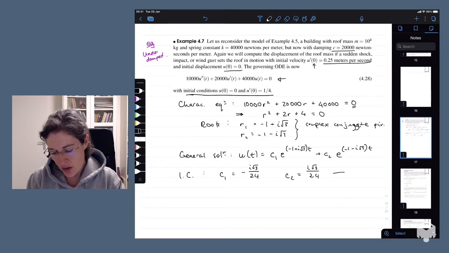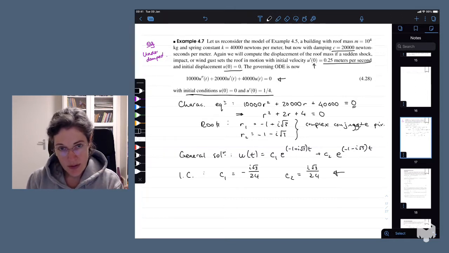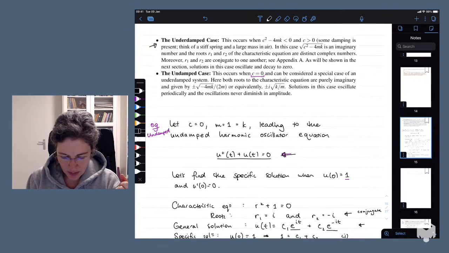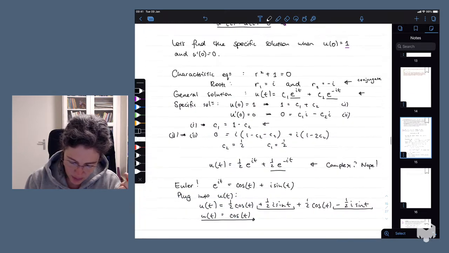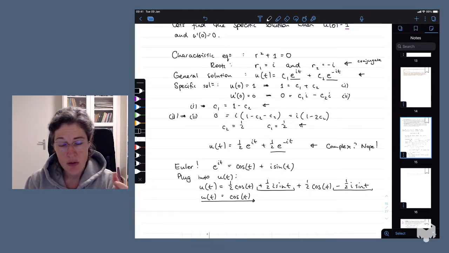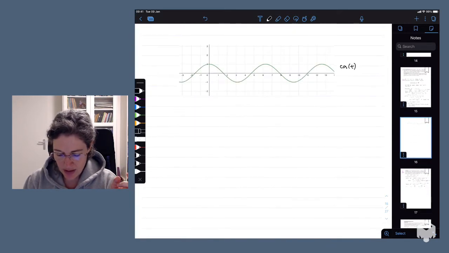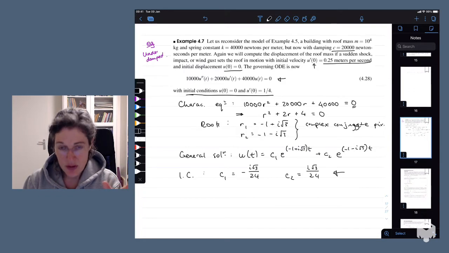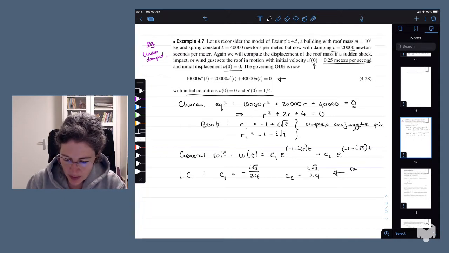And again, notice in the previous example, where we were dealing with the undamped case, the constants that we found were real. So the underdamped case is slightly different. Our constants have turned out to be complex, but again, we're seeing that they're a complex conjugate pair. So again, mental check for yourself: you should have a complex conjugate pair here.